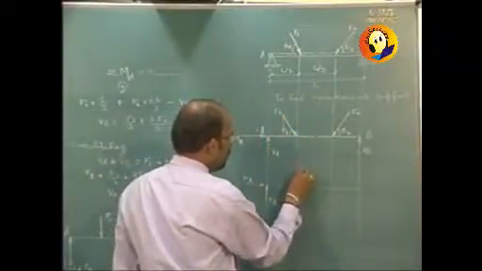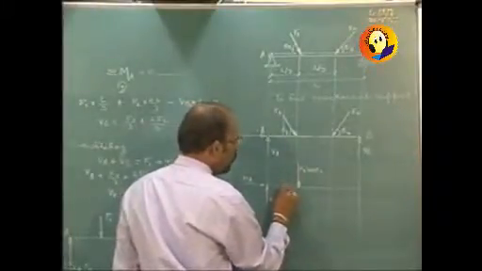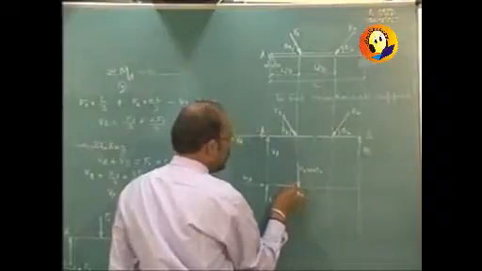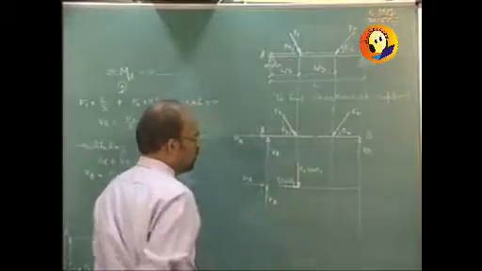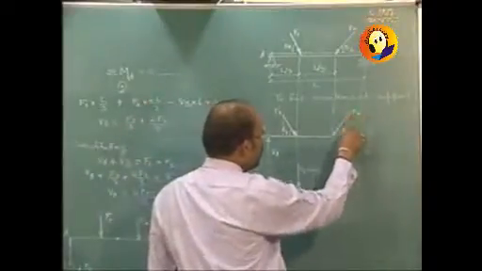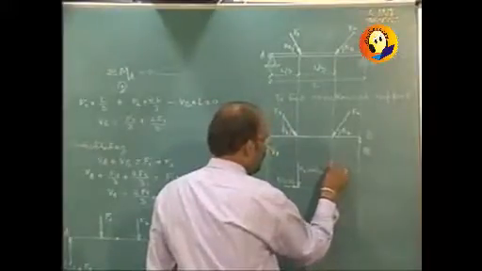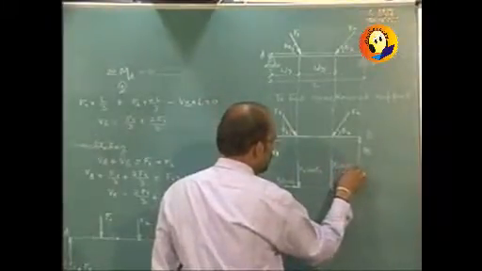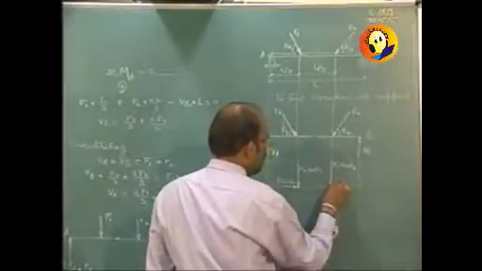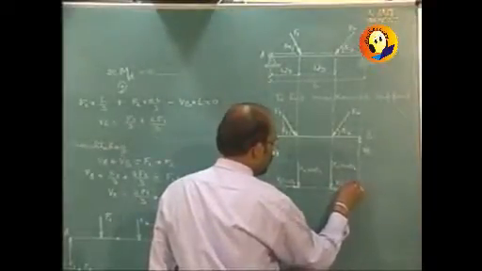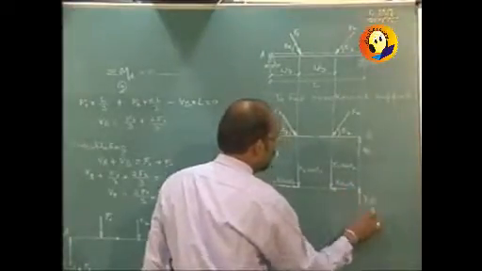So the vertical force will be downward, which is F1 sin theta 1, and the horizontal force is towards right, which is F1 cos theta 1. Similarly for F2, the net downward force will be F2 sin theta 2, and the horizontal force is towards left, it will be F2 cos theta 2, and the reaction at B is only the vertical reaction, VB.